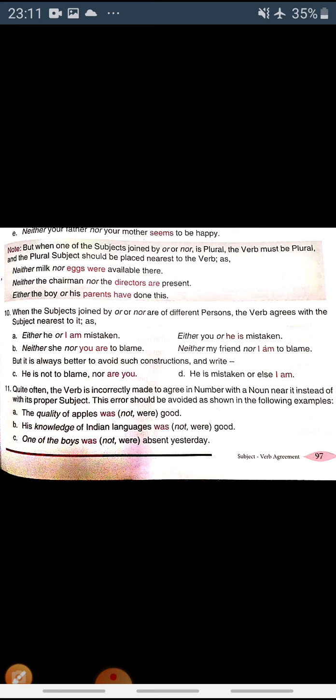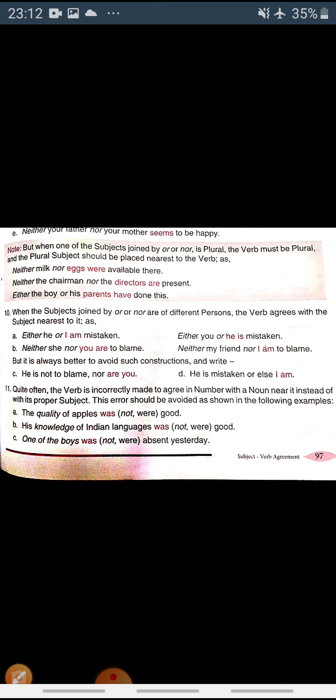His knowledge of Indian languages was good. One of the boys was absent yesterday. Instead of using a plural verb, we use a singular verb. Here, the verbs are incorrectly made to agree in number with a noun instead of the proper subject.